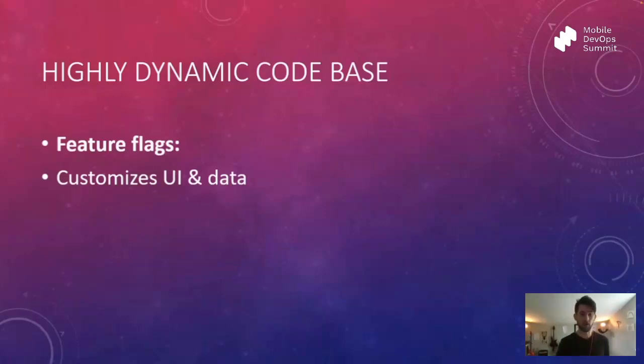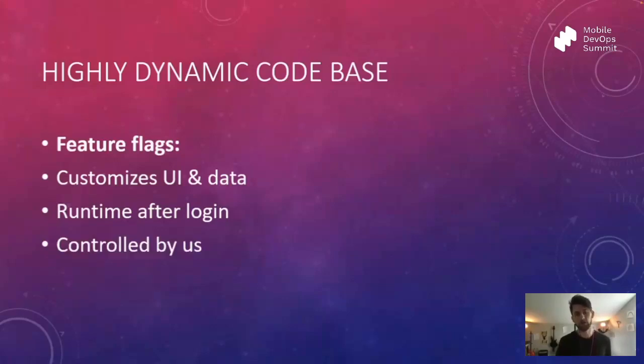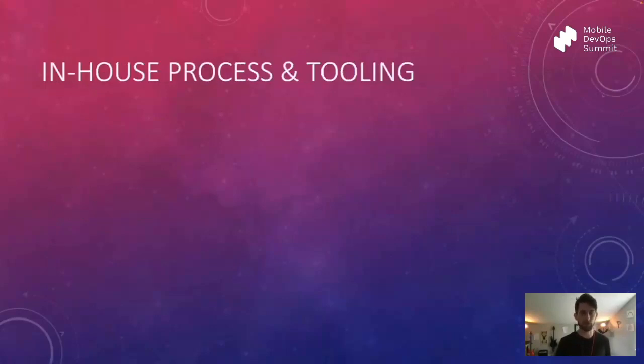And we used a feature flag for each one of those that would make the app use the microservice over the previous service. So that also happens at runtime after login. And these feature flags are controlled by us, so we get to target specific apps, specific groups of users, that kind of thing. All right.